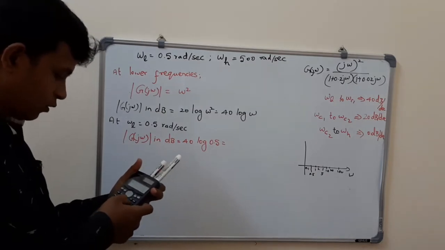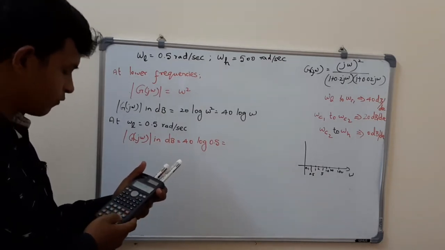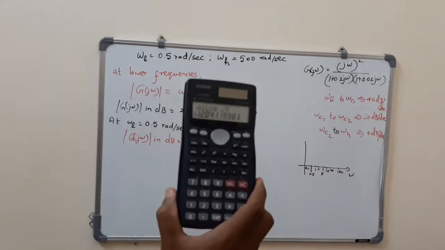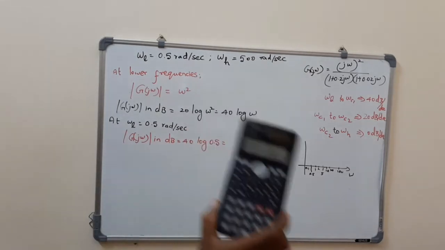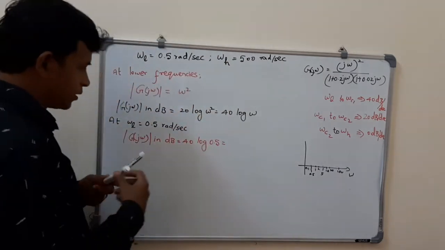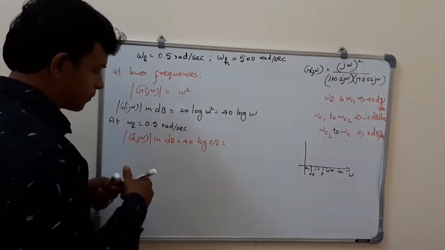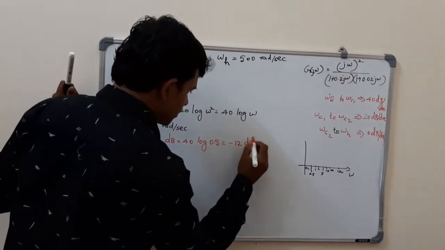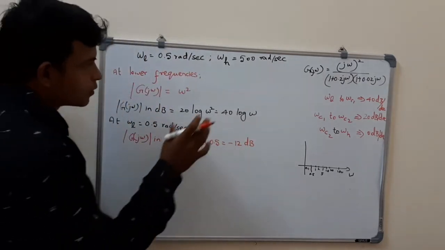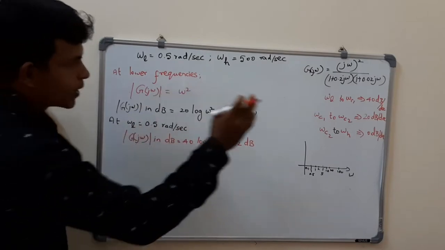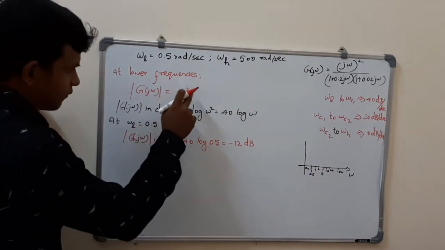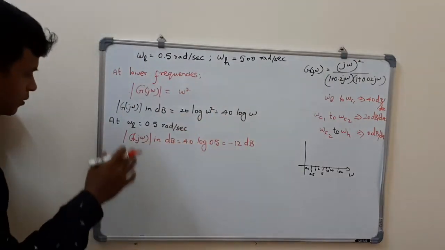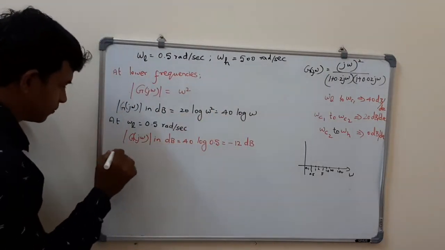So that is equal to minus 12 dB. So till omega C1, only this factor, G of j omega to j omega square, is available.